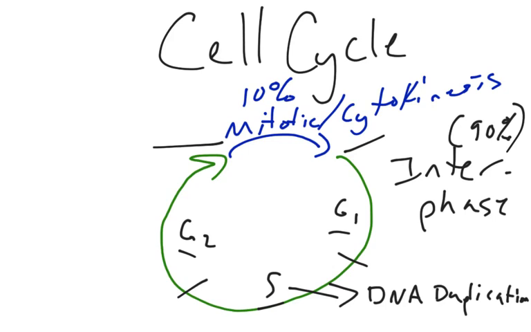This is where cell division will actually occur. This is where we'll go from one cell to two cells. Alright, so that's the cell cycle. Now we're going to look more specifically at mitosis, or the mitotic phase.